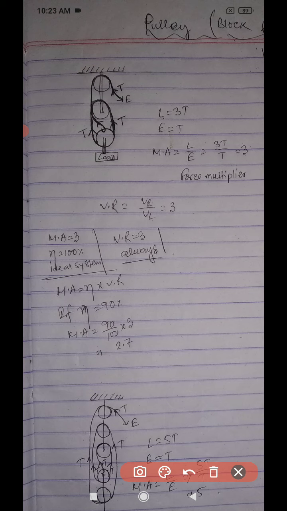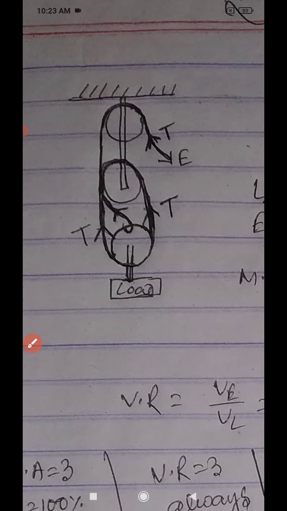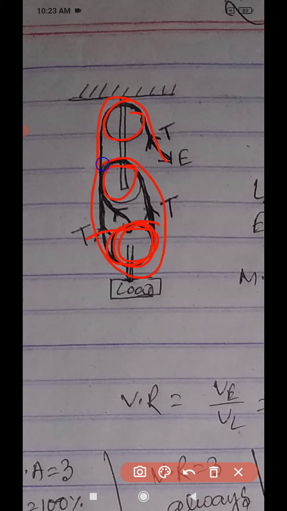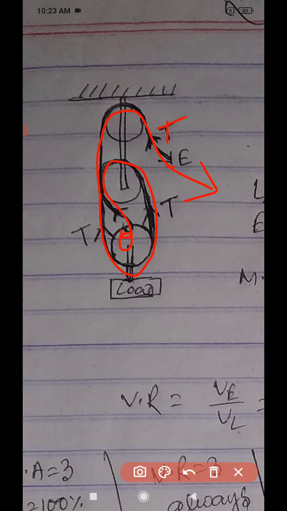How the rope or string is passed: you see these two are fixed and the below one is movable. So this string will pass like this way through this and hang here. Bind it here. Okay, understand? By this way it will go below, then above, then come here and be fixed here, and we are pulling here, giving effort. It is balancing this tension.